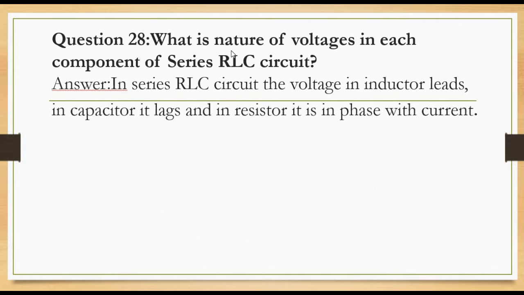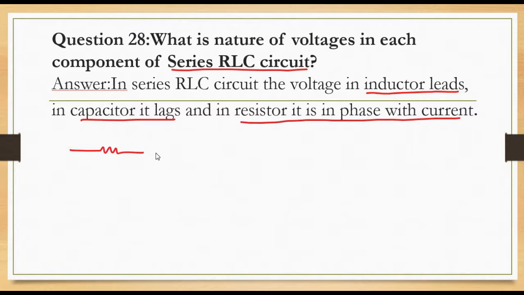Next question is, what is the nature of voltages in each component of series RLC circuit? So in series RLC circuit, the voltage in inductor leads while the voltage in capacitor lags, and in resistor it is in phase with current.